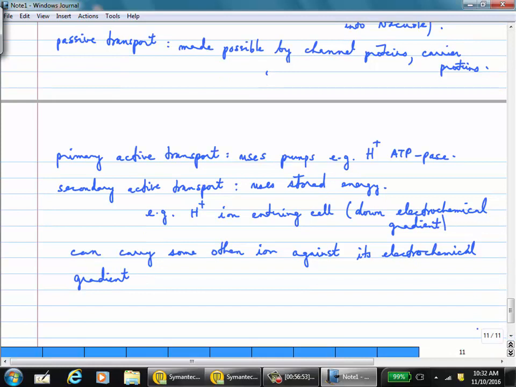So if both of them are traveling in the same direction, they're crossing from one side of the membrane to the other, both headed in the same direction, then that is called symport transport, right?